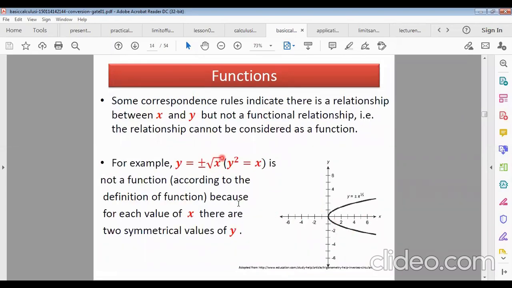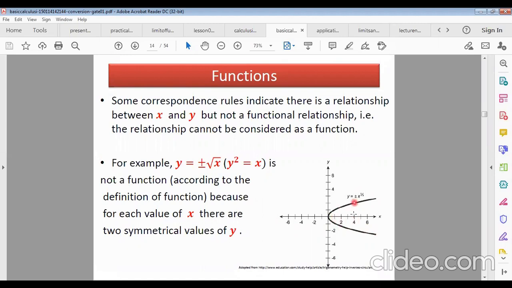Suppose we plot this in a diagram. If x equals 0, then y equals 0. But if x increases, then we get values of y like this. If x takes negative values minus 1, minus 2, minus 3 and so on, then we get this. So for each value of x, suppose x equals 2, we get two values.